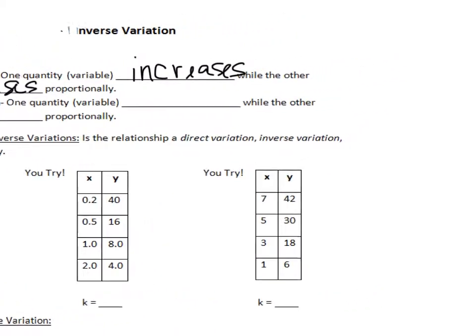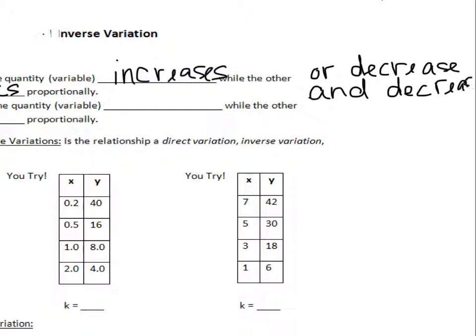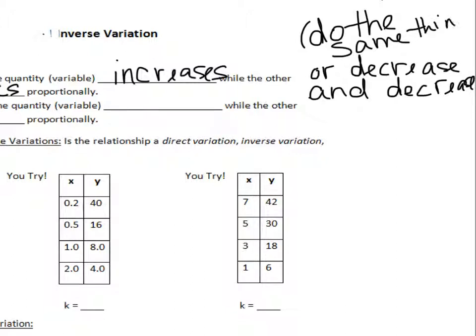They can also both decrease. Basically, they do the same thing for direct. So if x goes up, y goes up. If x goes down, y goes down. They either both increase or they both decrease.